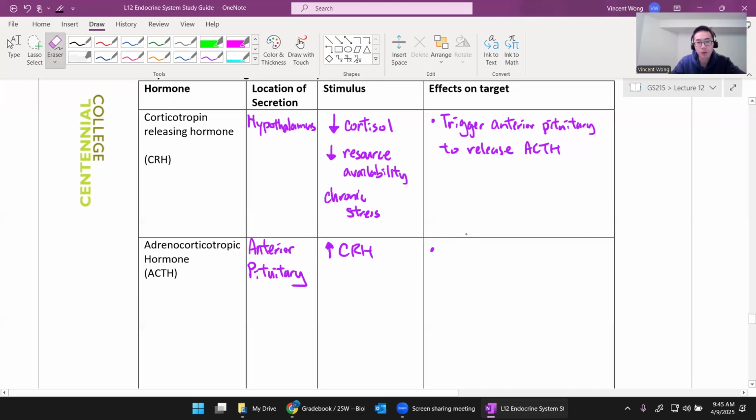Because this is a tropic hormone, it will affect another gland, trigger the adrenal cortex to release the long name stuff.